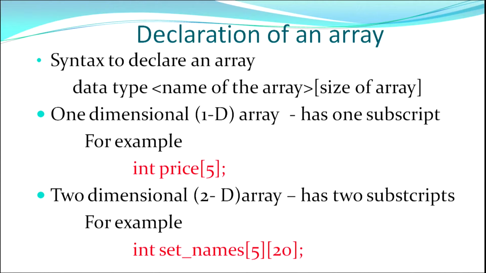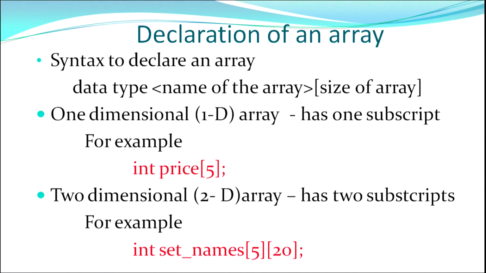The first example here talks about int price. The data type is int, the name of the array is price and the number of elements contained in this array is 5. So, that means the size of the array is 5.